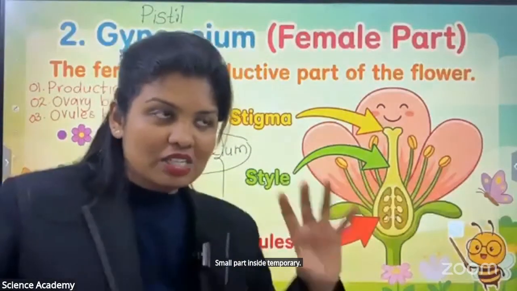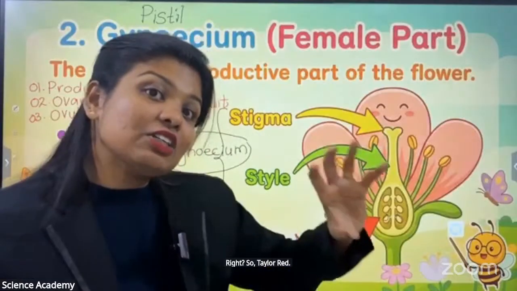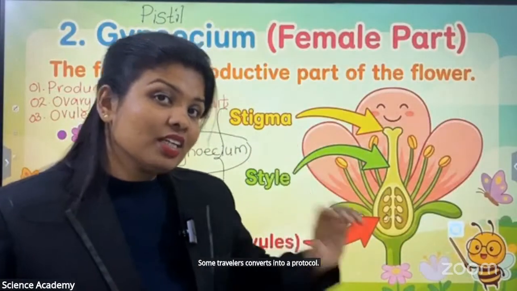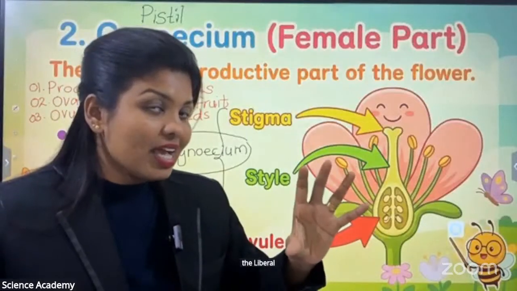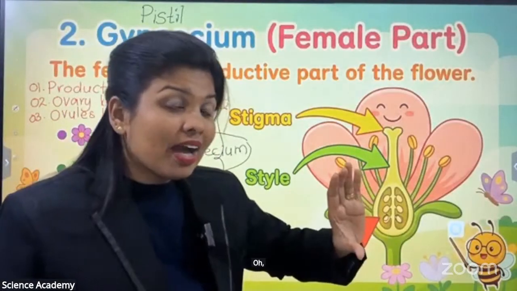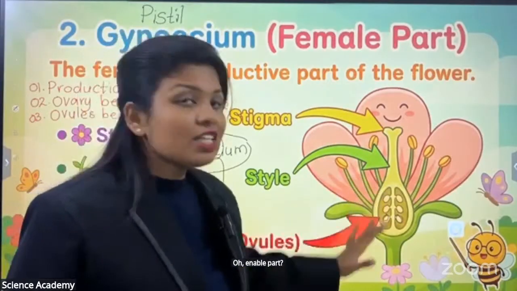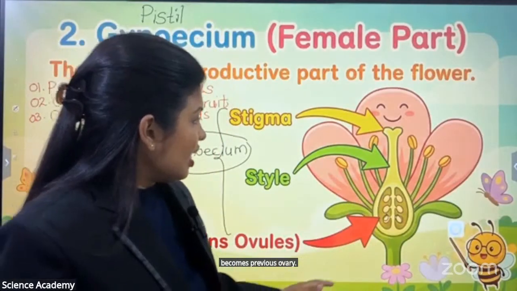Right? So children, some flowers convert into a fruit form. In the fruit formation, the edible part becomes the previous ovary. Right?